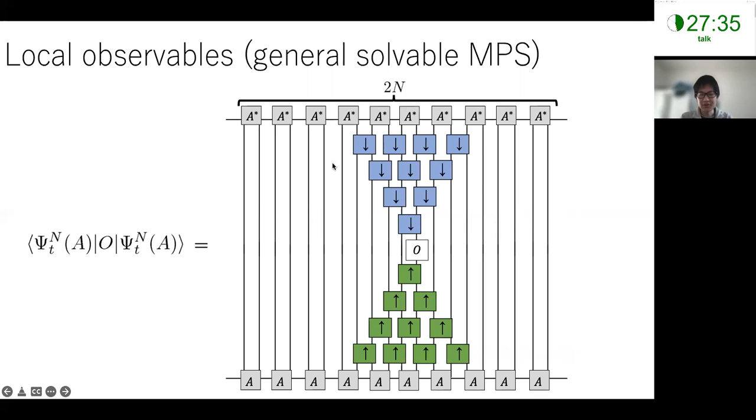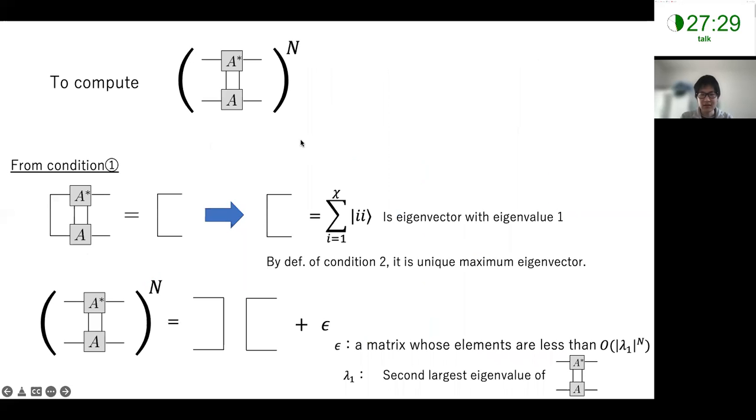And we want to compute this regime that has transfer matrix to the power of n. And from condition 1, we know that the Bell pair in virtual indices is an eigenstate of this transfer matrix. And by using condition 2, this is a unique maximum eigenvector, so we can compute this transfer matrix as this form, where epsilon has exponentially small eigenvalues.